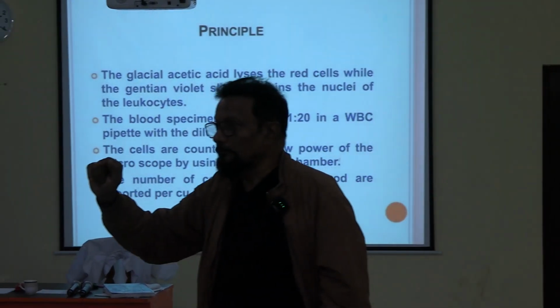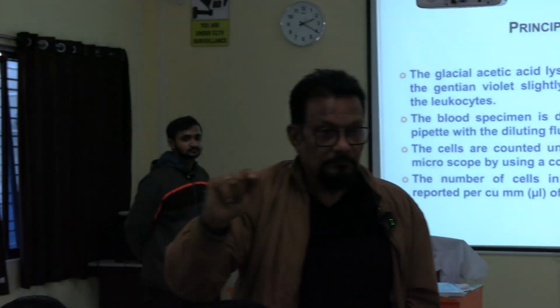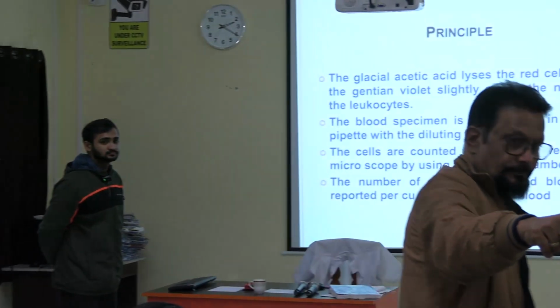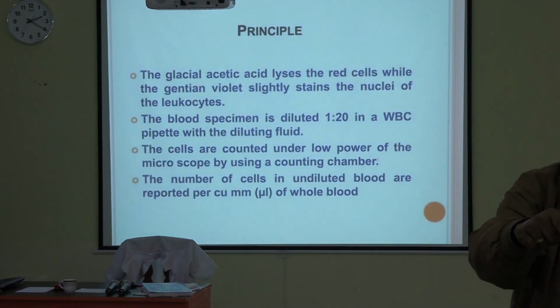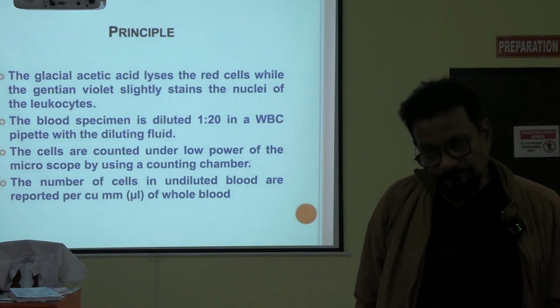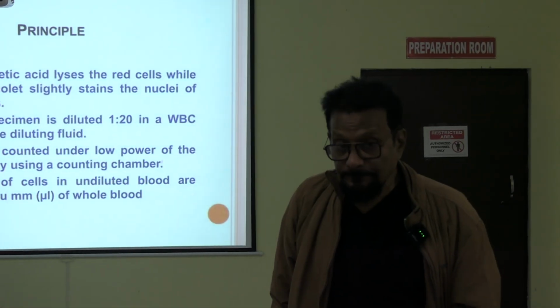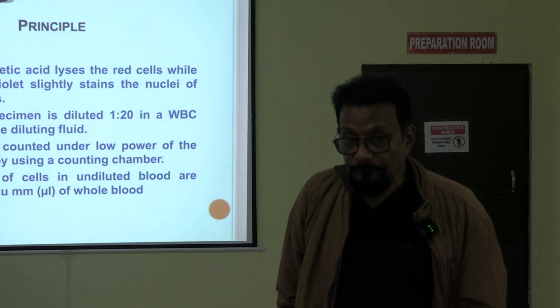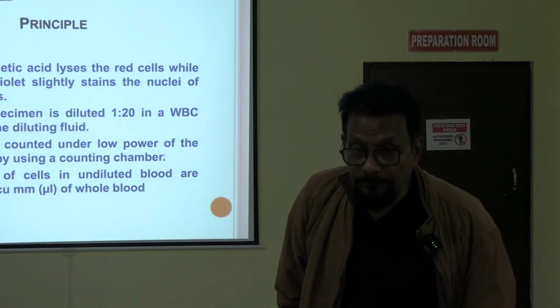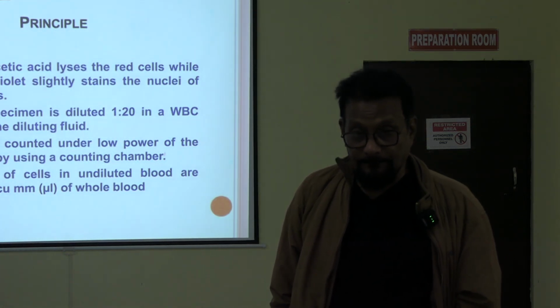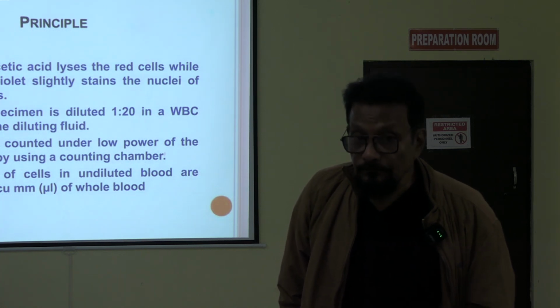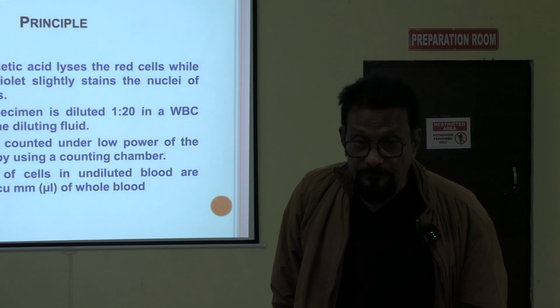Now, you tell me the composition of WBC diluting fluid. Glacial acetic acid. How much? 2 ml. Okay. Distilled water and 1% gentian violet. How much? 1% weight by volume is 1 gram in 100 ml.